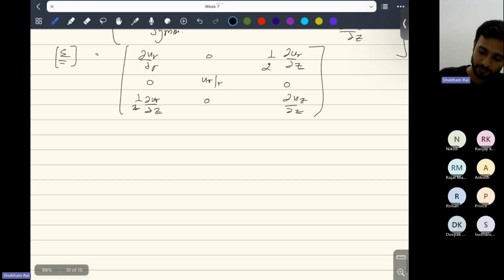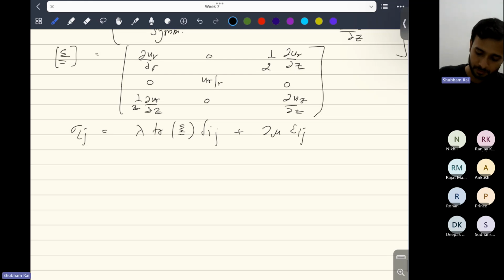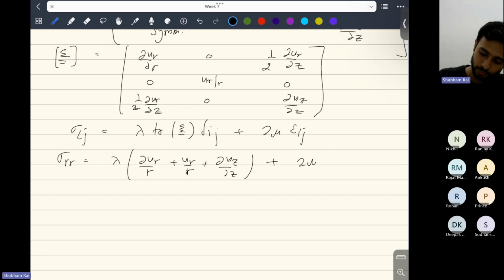And stress, you know that for an isotropic material it is given by lambda times trace of epsilon δ_ij plus 2 mu epsilon_ij. So similarly, you can find σ_rr equal to lambda times trace of epsilon, which is the summation of the diagonal terms: ∂u_r/∂r plus u_r/r plus ∂u_z/∂z, and then 2 mu epsilon_rr. So epsilon_rr is ∂u_r/∂r, right?